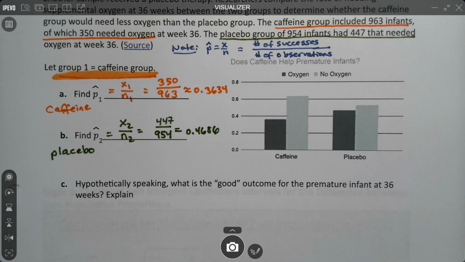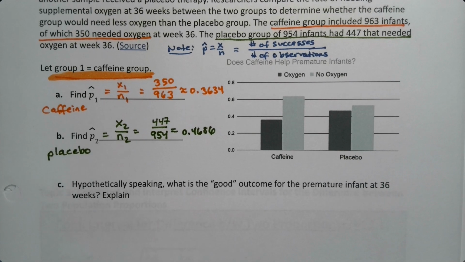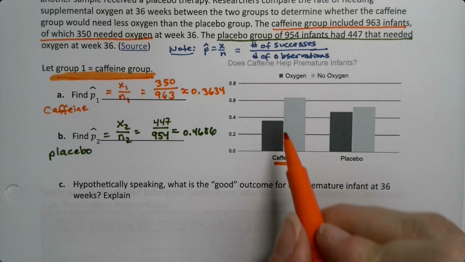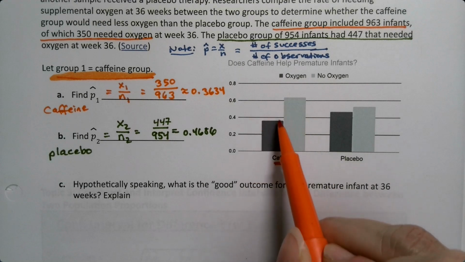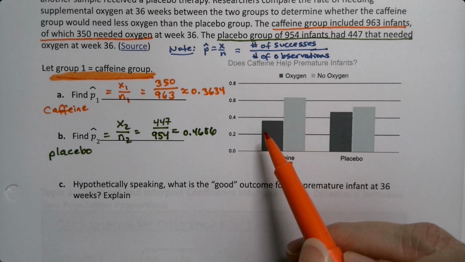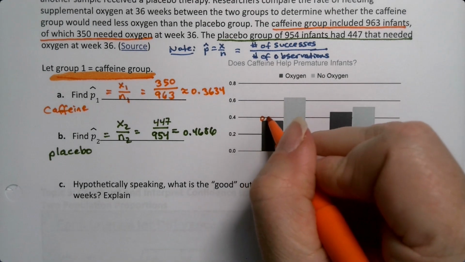There they are. All right, now let's look at this histogram for a second because it kind of shows us what's going on here. So this is the caffeine group over here. And you can see this is the percentage out of all the caffeine, right? There's 963 babies in here. The percentage that needed oxygen is right here. It was 0.363.